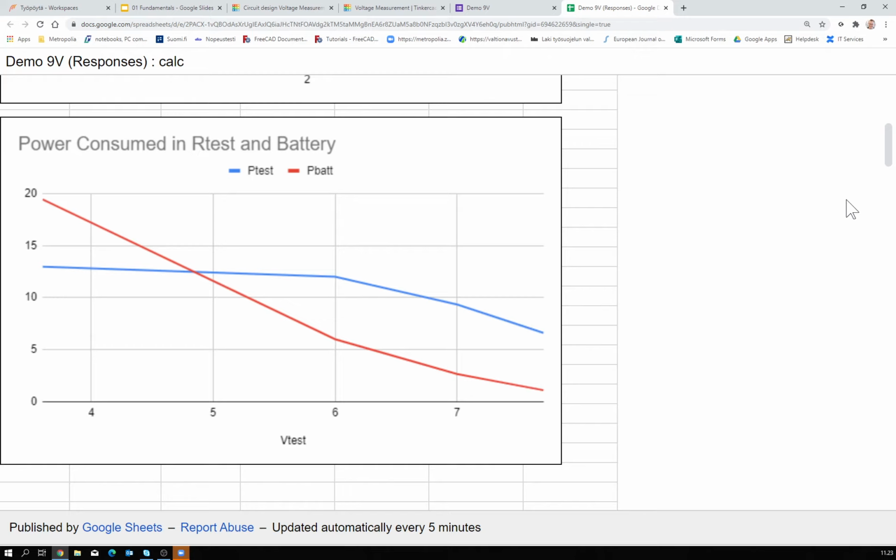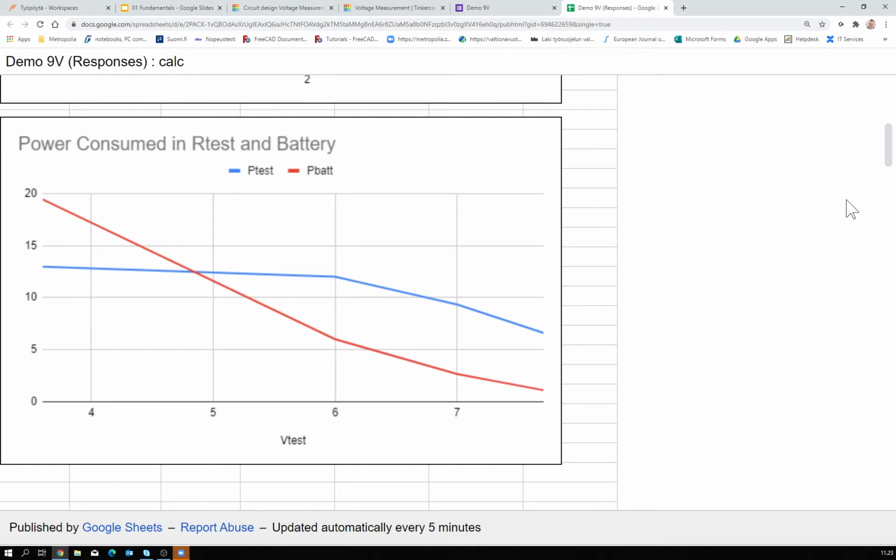How much power was consumed? That's just U times I, and the power consumed in the battery on the lower end is around 20 watts, which is quite a lot.